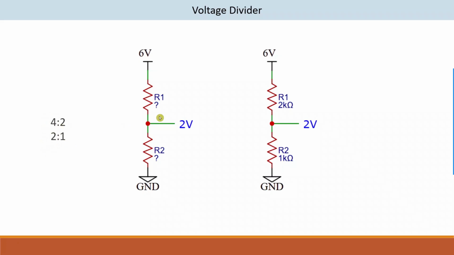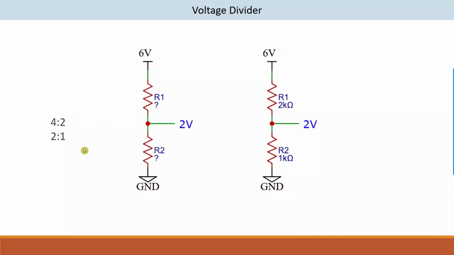I repeat, I need 2 volt at the output side, but I don't know R1 and R2. We have to calculate the R1 and R2 values. Input 6 volt, output 2 volt. So 6 minus 2 equals 4. That means we are losing 4 volt across this resistor and we are going to lose 2 volt across this resistor. So 4 is to 2, 2 is to 1.